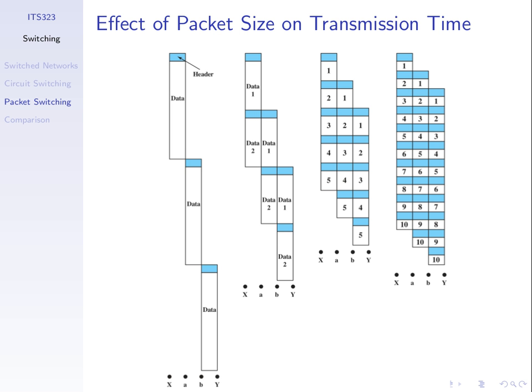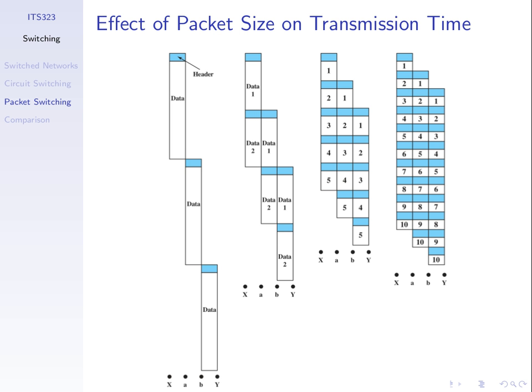That is, we transmit the first packet, there would be some propagation delay. It's not shown in here, so it's very small. With transmission time. And with packet switching, the node must receive the entire packet before it transmits to the next node. So we start transmitting the first packet from X to A, transmitted across the link.